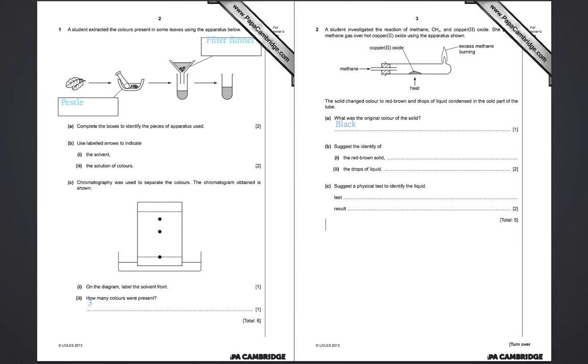That's okay. Suggest the identity of the red-brown solid. The red-brown solid can be copper hydroxide. I know it actually yet, but I wanted to prove it to you, but I was not able to do it. So hydroxide. The drops of liquid is of course water.